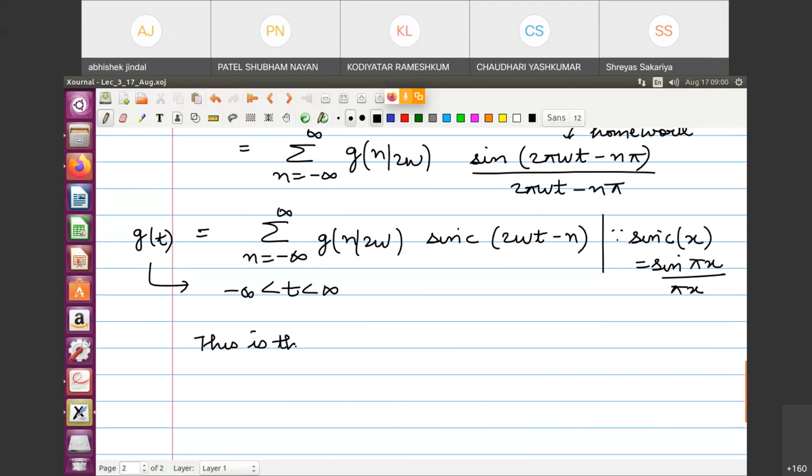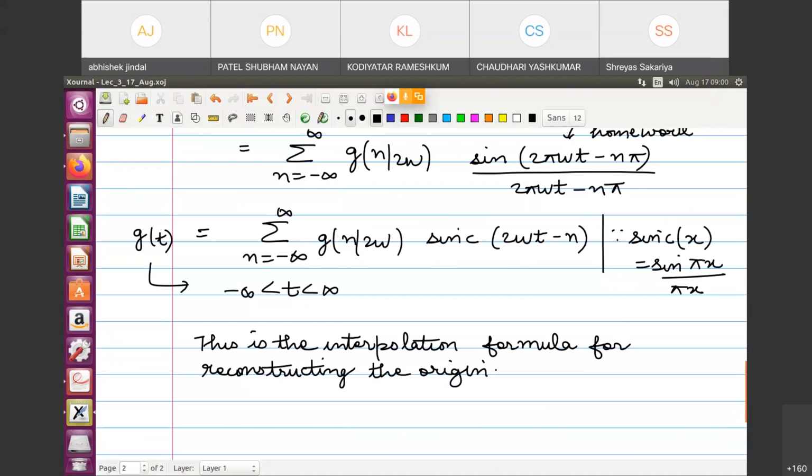This is the interpolation formula for reconstructing the original signal g(t) from the sequence of sample values.